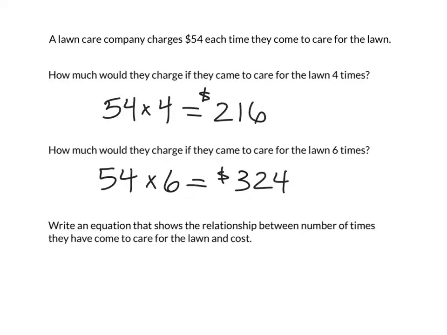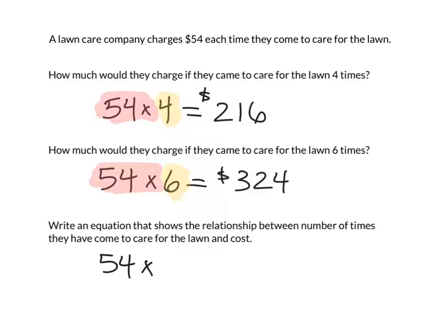So if you notice, there's some common themes when we write our equation. We can see that in both equations we have 54 times, and what's changing is this number here. So when we write our general equation, it's going to be 54 times, and then we have to think about what that number in yellow that keeps changing represents.